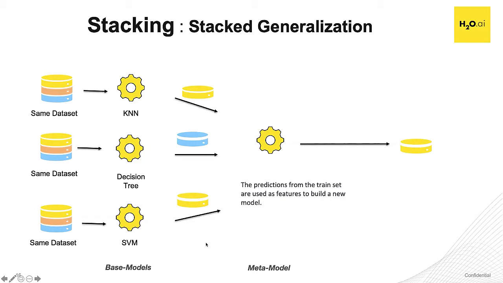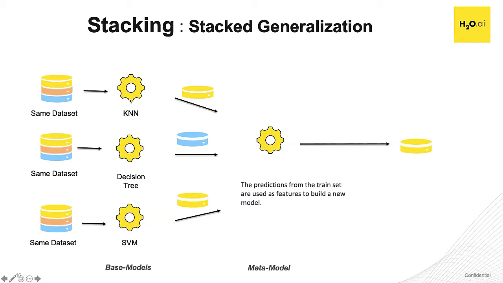So here, the predictions from individual models are combined to form features, and then those features are fed into a new model. And then you use those predictions on the test set to come out with the final predictions.